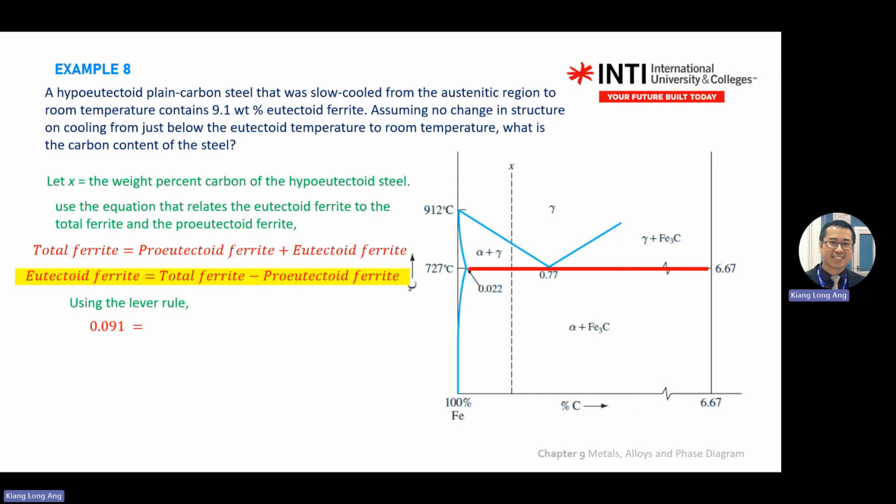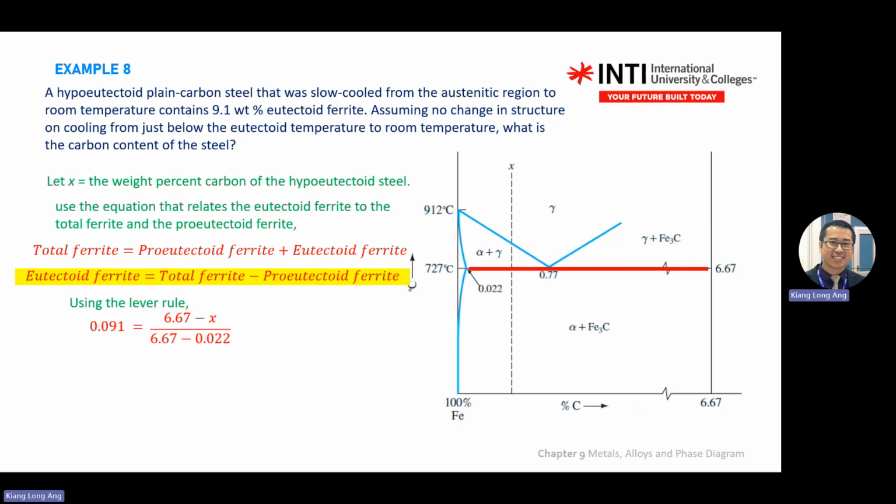You move two spaces in front and get this one. Then total ferrite is Ref minus X, divided by total length.